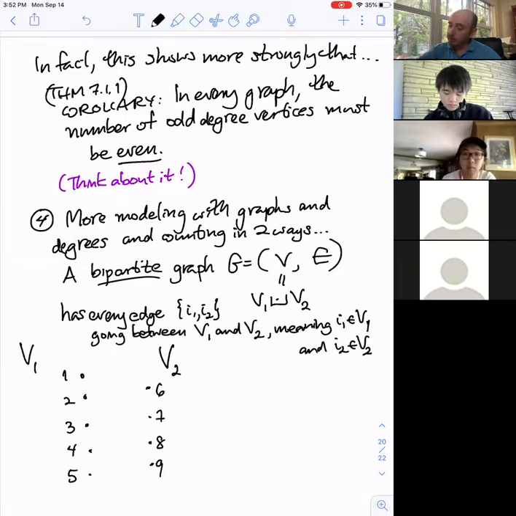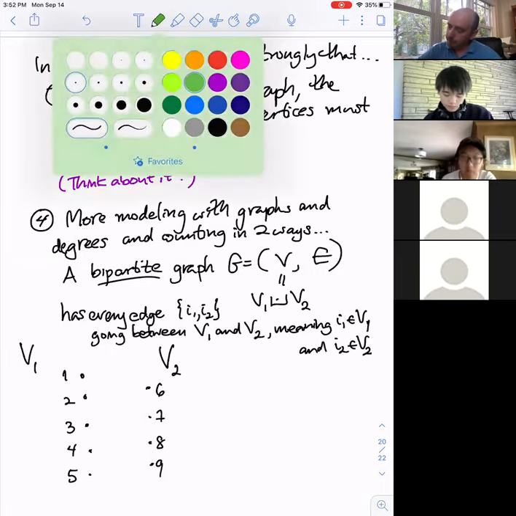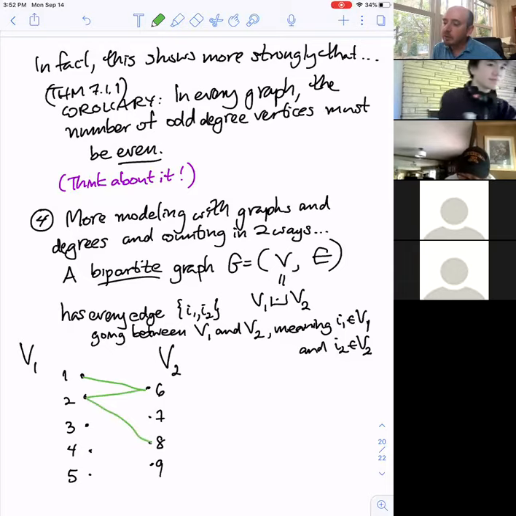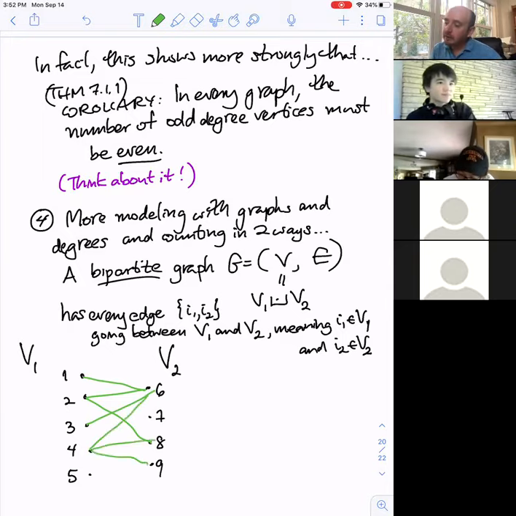So let me draw you some edges here. Let's put them in green maybe. I'm gonna have vertex 1 has an edge to 6. Let's say vertex 2 has an edge to 6 and to 8. Vertex 3 has an edge to 6, and that's it. Sorry, I'm looking at my example in my notes. 4 has edges to 6, 8, and 9. 5 has edges to 6 and 9.